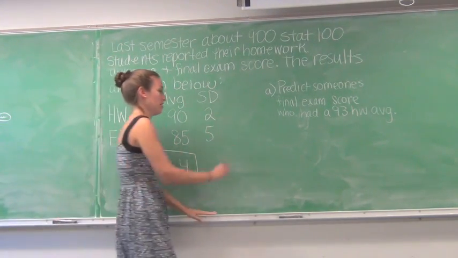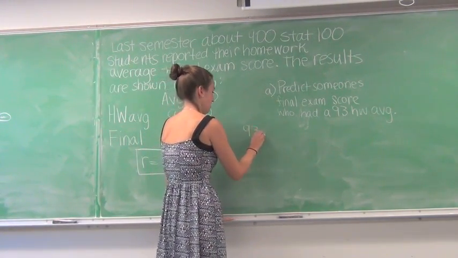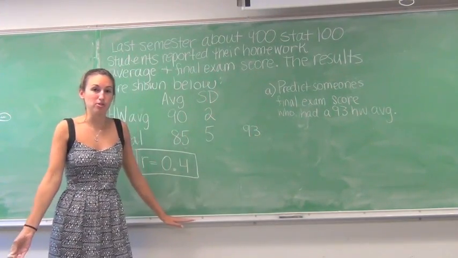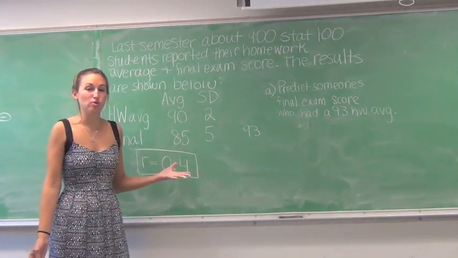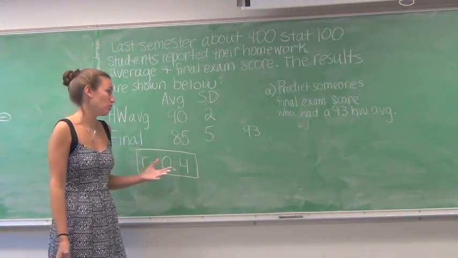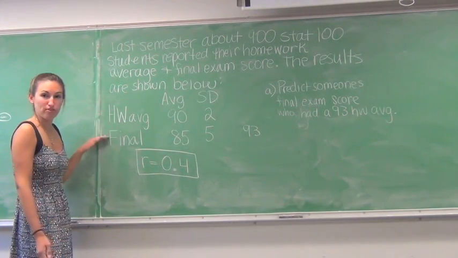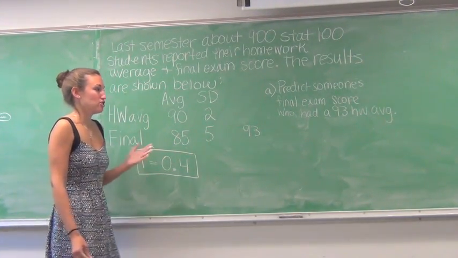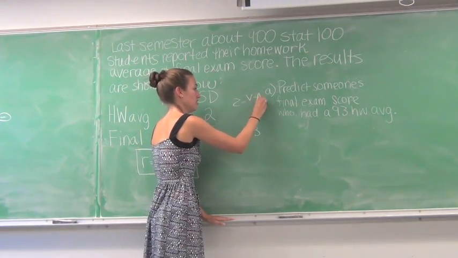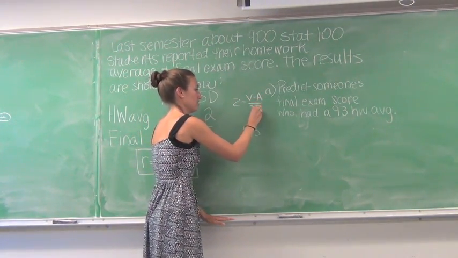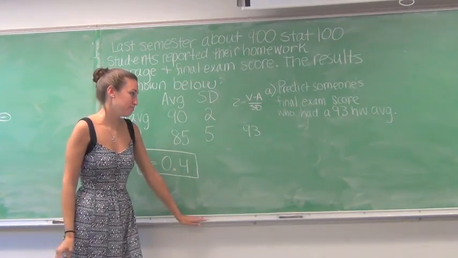So we know that they got a 93, this person, on their homework. And we want to convert that to a z-score. Remember, we want standard units so that we can compare both of these different variables. So the formula for z-score is just value minus average over your standard deviation.